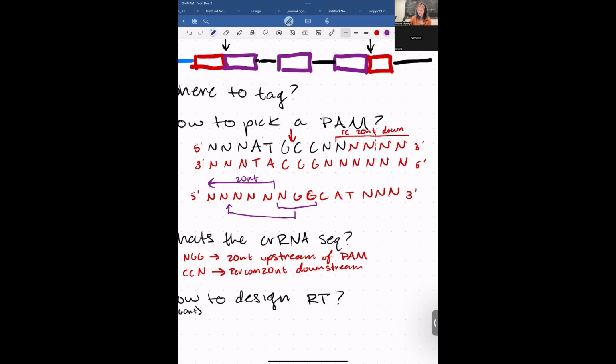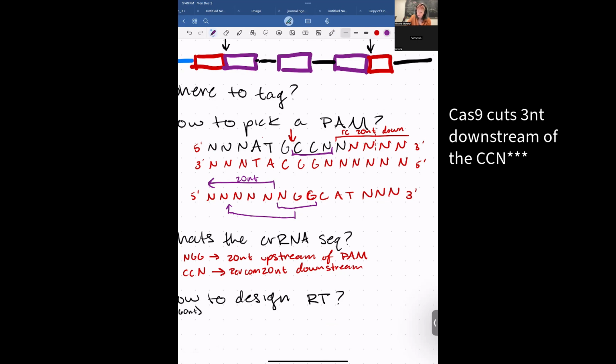Okay, now I'm going to remind you here on this black starting sequence here, how we determined the CRISPR RNA using the CCN PAM. We said this would be the CCN PAM right here, CCN.